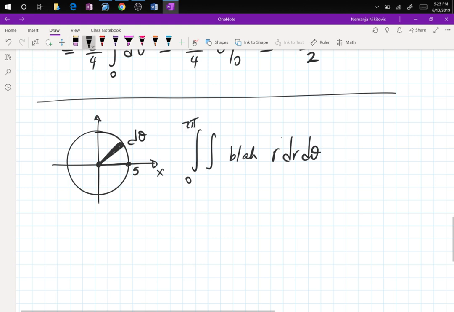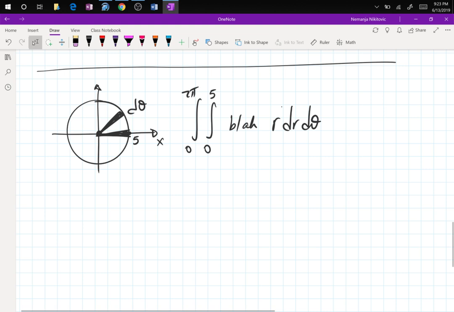Now, the radius inside, that's this integral. You see, the trick is to swipe the entire area here and to color in everything, so this d theta should be everywhere. Now the trick is that the d theta has to go all the way out from 0 all the way to 5. So that's why it's 0 to 5.